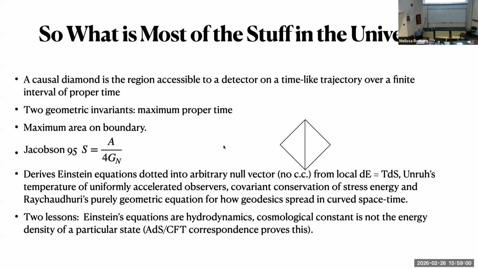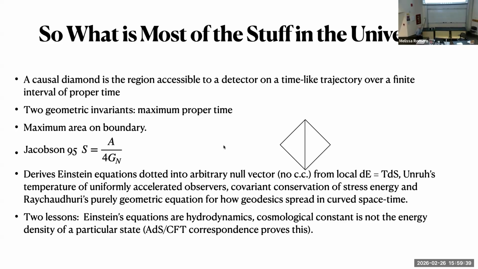He didn't quite say it this way, but effectively made the hypothesis that the basic principle underlying quantum gravity is that given a space-time, for every causal diamond, there's an entropy, where by entropy I mean the expectation value of minus the logarithm of the quantum mechanical density matrix associated with that causal diamond.